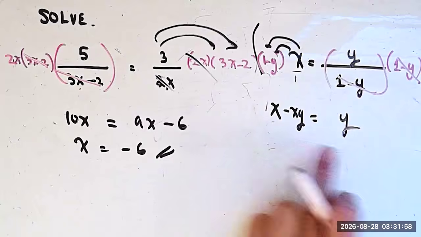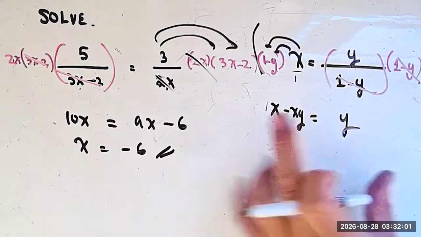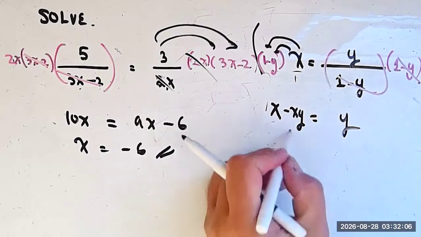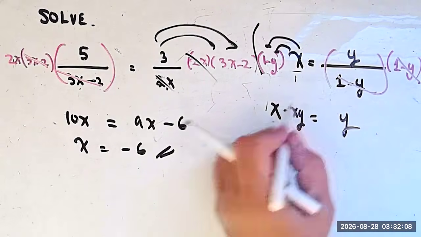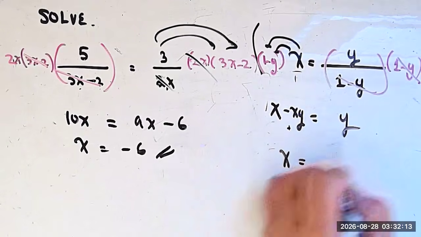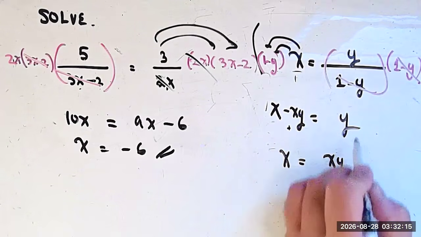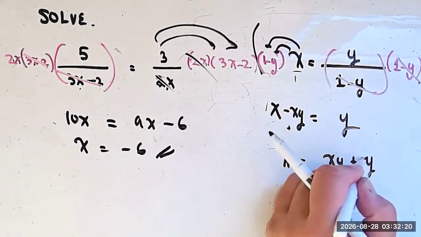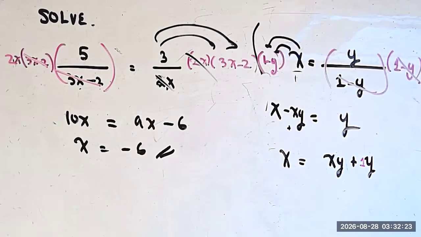Okay. I'm isolating the y, so I must have all the terms that contain y on one side of the equation. So perhaps it's just easier to add the xy. So I have x equals, plus, so this becomes positive xy plus y. Remember, there is an invisible 1 here. The coefficient is 1. So now we need to isolate the y. So we factor out. Notice if I pull out the y, if I factor the y, it'll be y times x plus 1.